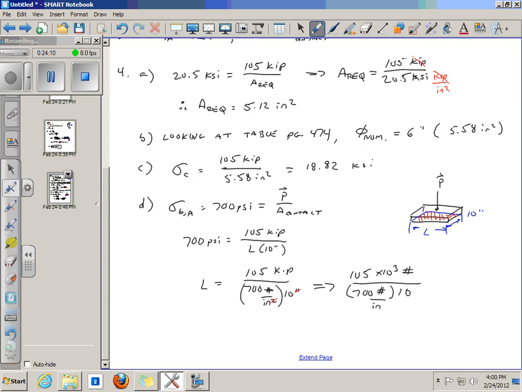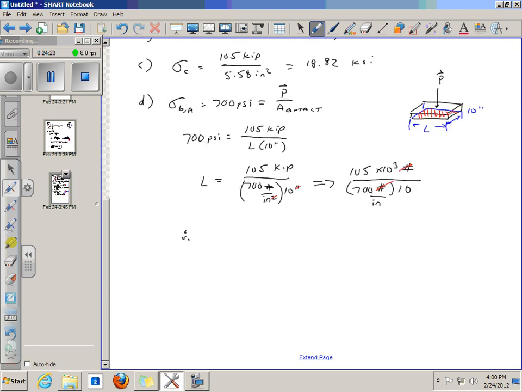Pounds over pounds cancel out, so the inch comes to the top. The minimum length I've got to have to keep our bearing stress under that 700 psi is 15.00 inches. Okay, so I end up with units in inches, which is good because that's the units for length.